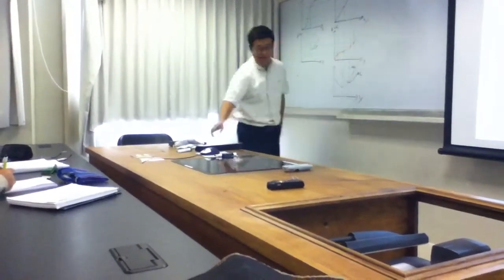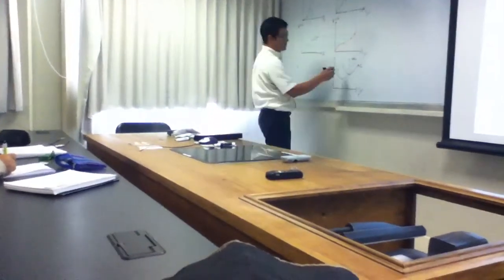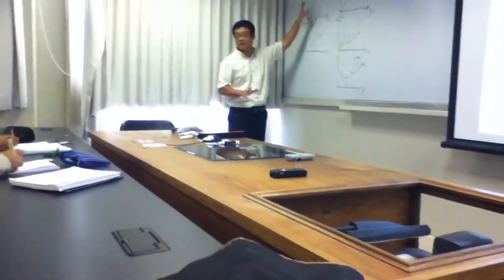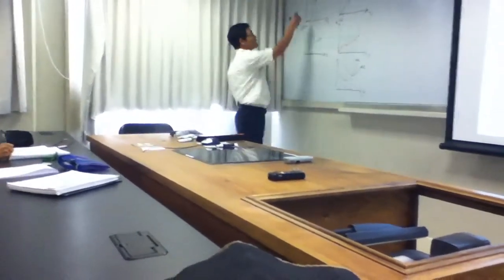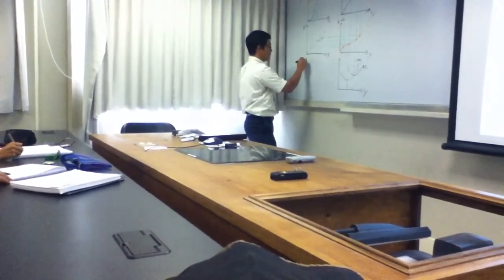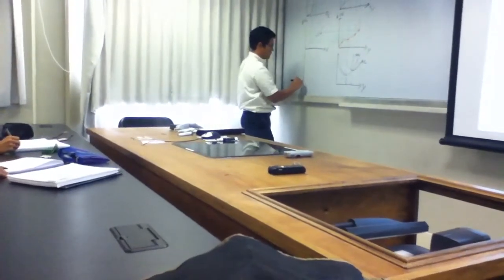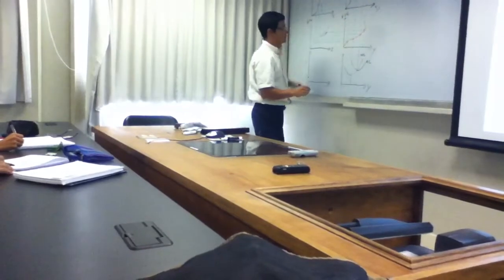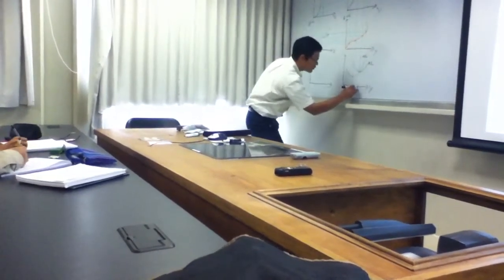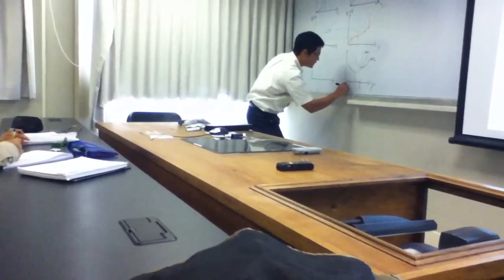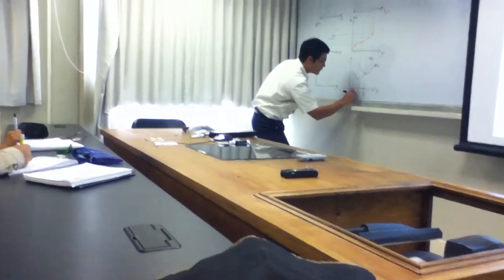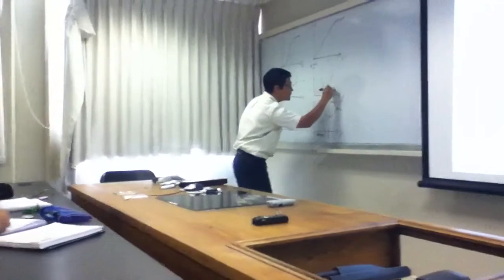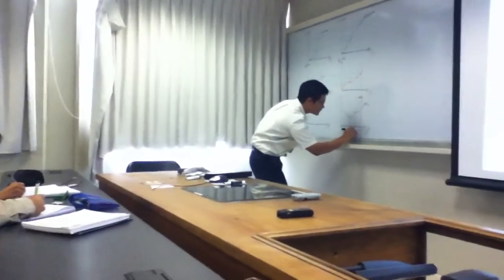This is pretty interesting because we have something very similar in the production function analysis. We also have 3 stages here. I'm going to call this stage 1. And this is stage 2, probably up to this point.